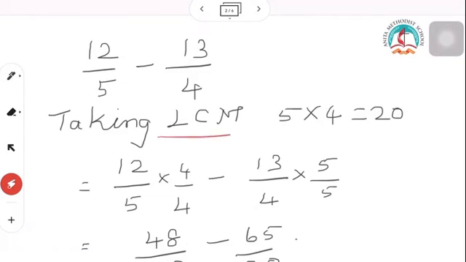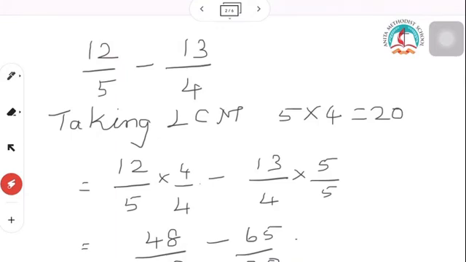So, taking the LCM, 5 4s are, what do you get? 20. Now, change into like fractions, children. So, 5 4s are 20. So, multiplying by 4. Here, what number? Multiplying by 5. Understand? We did it separately before. Here, we are doing it together. Okay.